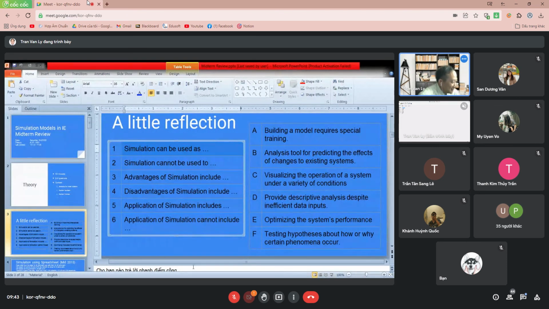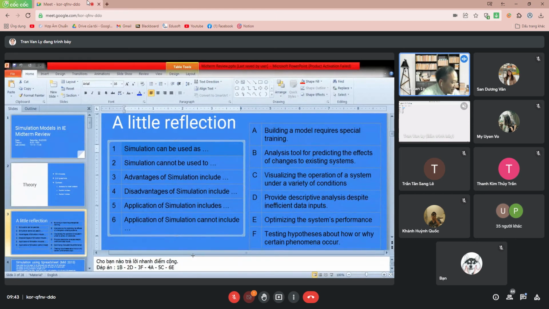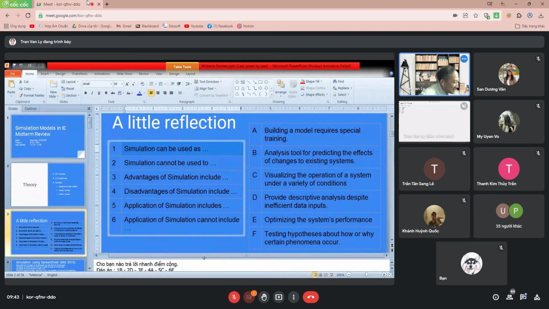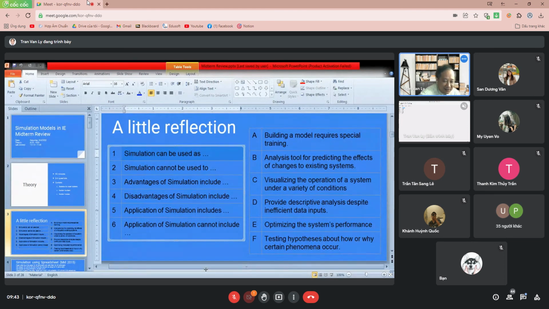1B. Okay. Did you see it before? So next. What is the answer for number 2? Hello, Khánh. Thank you, teacher.